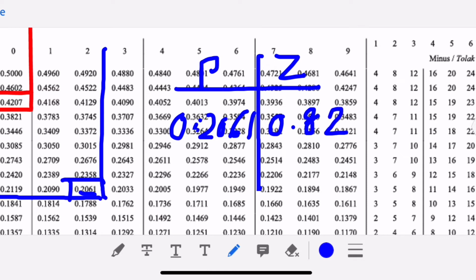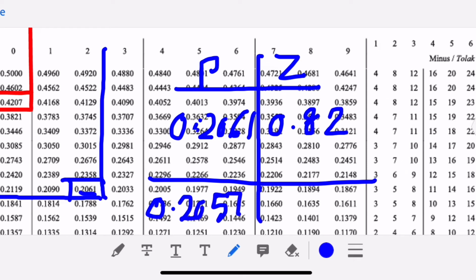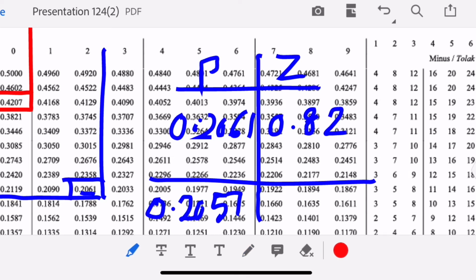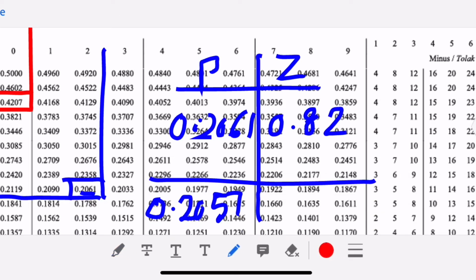But my shaded region for the yellow one is just, I write here, 0.2057. So what I need to do is I need to minus out something, isn't it?